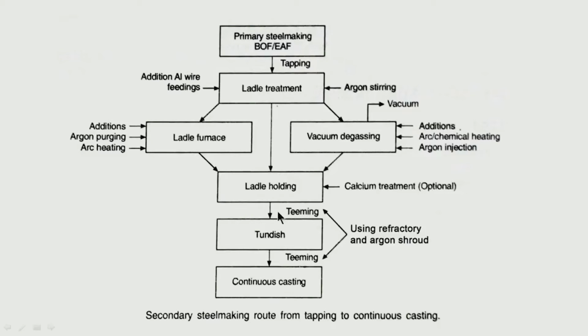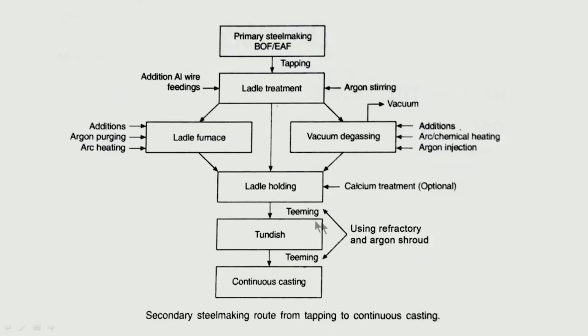The liquid stream coming out from the bottom of the ladle to the tundish, if it is open, is reacting with oxygen and nitrogen in open air. So, there will be re-oxidation and re-nitrogenation. Oxygen and nitrogen in the liquid steel will go up, oxide inclusions will form, and we know that due to re-oxidation these oxides are basically exogenous inclusions. They are large in size and very harmful to the steel quality.